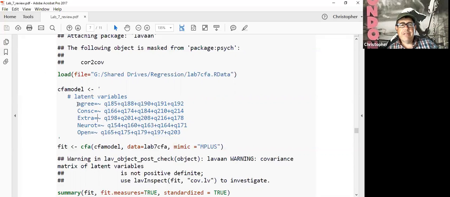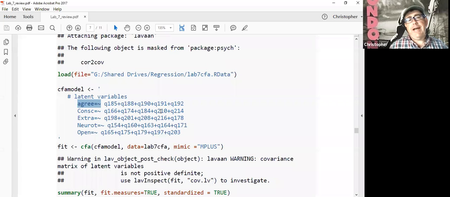Conscientiousness, what this means is the factor is predicted by, or is associated with these 5 values, and so on down the line for each of the 5 factors. The factors will by default come out correlated, so we don't have to force them to be correlated. That's not always the case, but it is the default in confirmatory factor analysis.